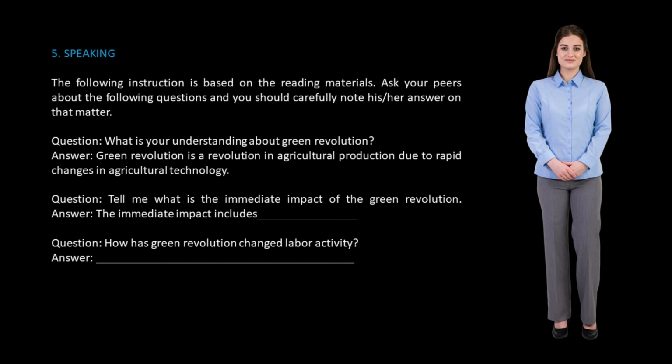Answer: Green Revolution is a revolution in agricultural production due to rapid changes in agricultural technology. Question: tell me, what is the immediate impact of the Green Revolution? Answer: the immediate impact includes A, B, C, etc. Question: how has Green Revolution changed labor activity?